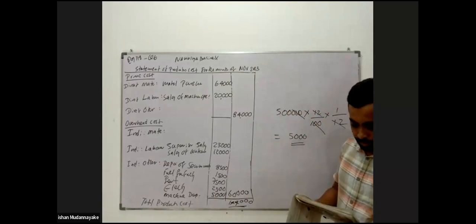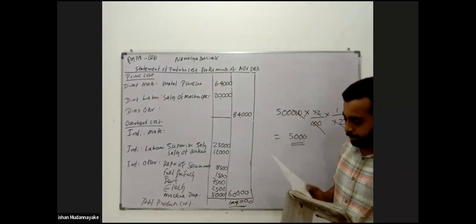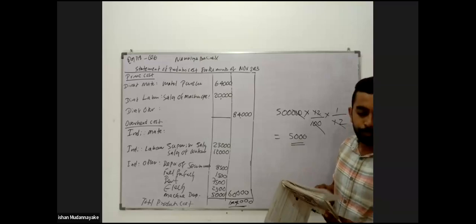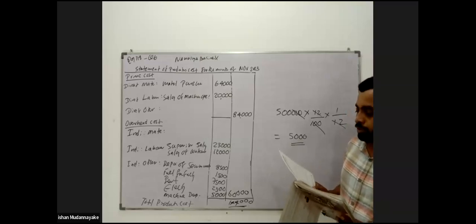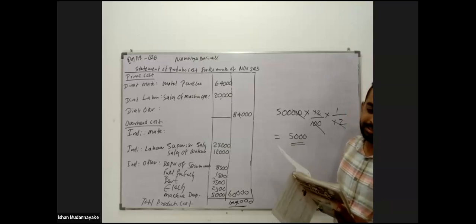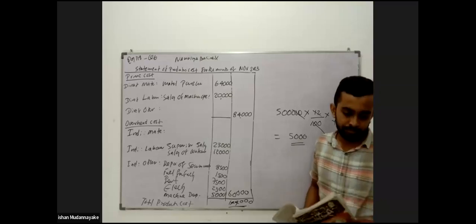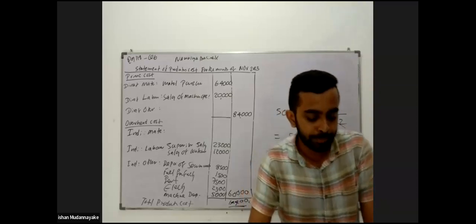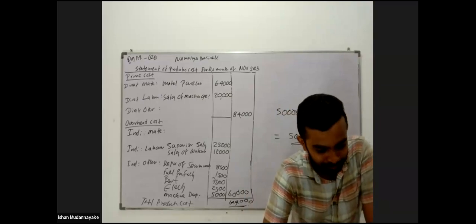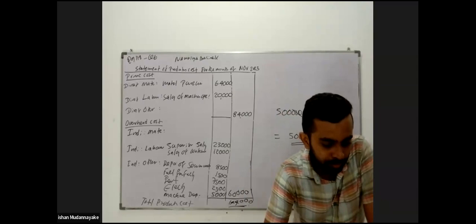In your textbook, pages 119 and 120 discuss the method of preparing the production cost statement using a spreadsheet. Spreadsheet means Excel sheet. Using an Excel sheet, you can prepare the production cost statement.